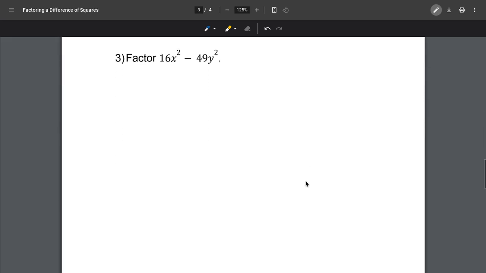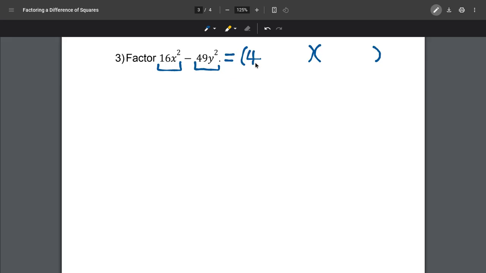All right, this next one we're factoring 16x squared minus 49y squared. So we're going to take the square root of 16x squared, and we'll take the square root of 49y squared as well. So this is going to factor into, well, the square root of 16x squared is 4x.